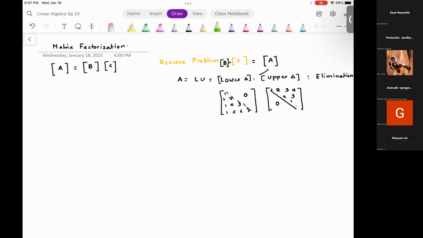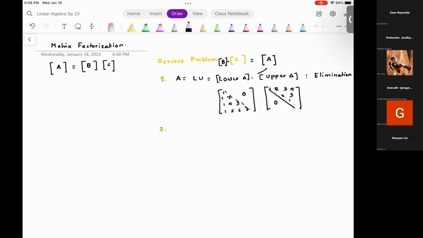The next important factorization, there are actually 5 important factorizations, but let's start with a simple factorization. Next factorization is a matrix A that is represented as Q times R, where Q is an orthogonal matrix, multiplied by an upper triangular matrix.